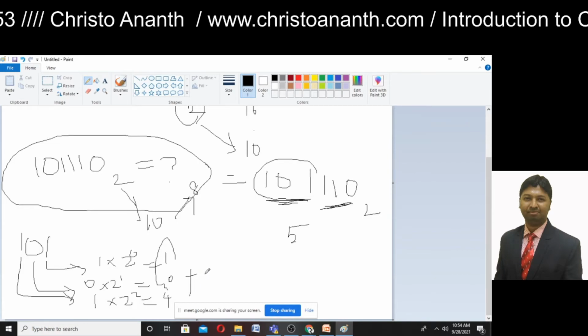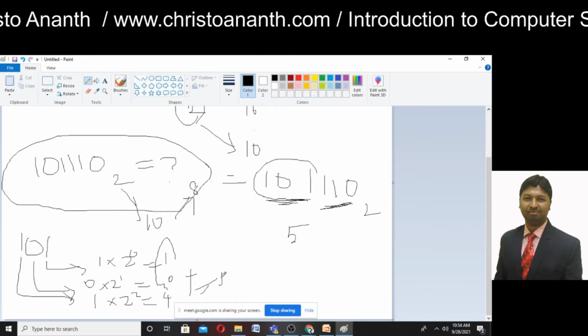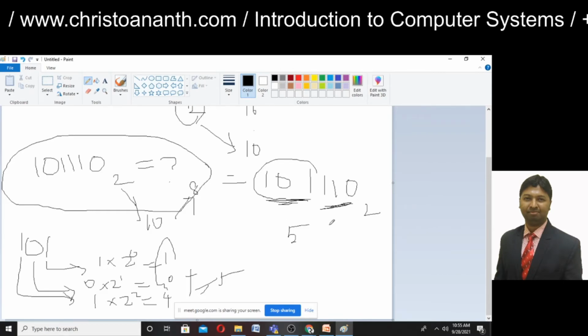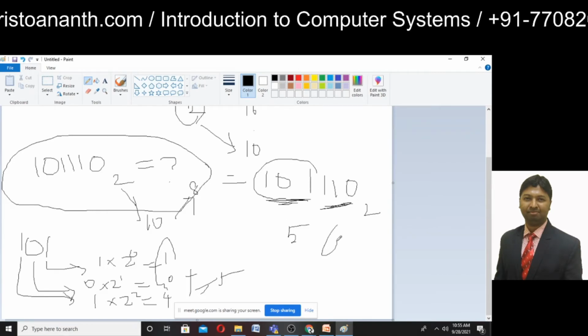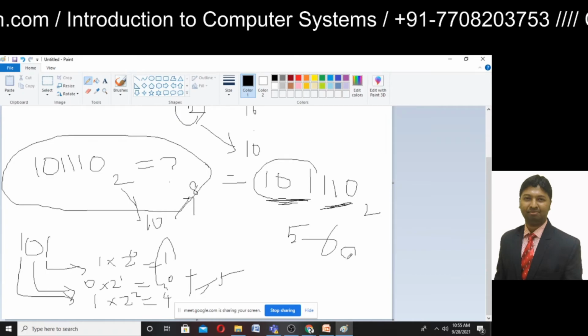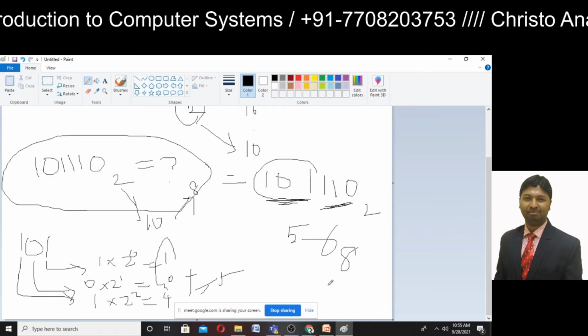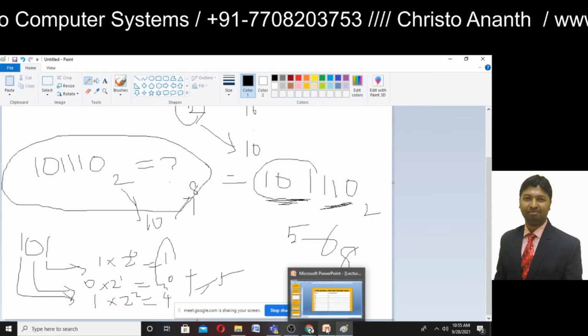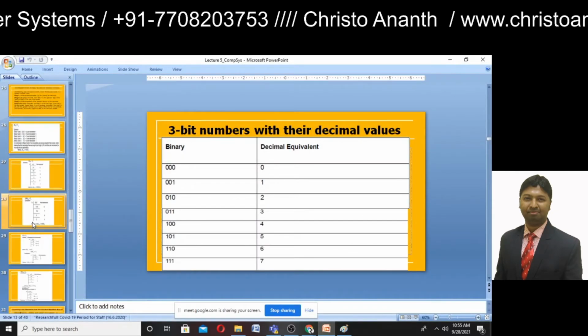Next one is 110, and the value is 6. So 101110 in base 2 is 56 to the base 8. This is the shortcut method.